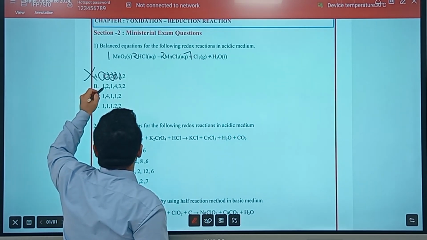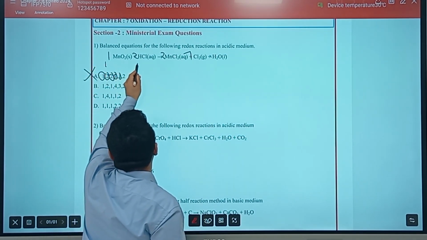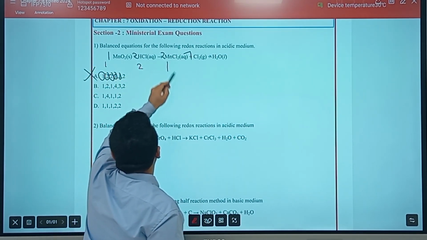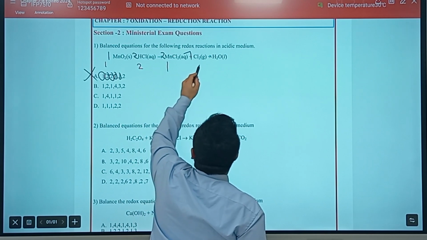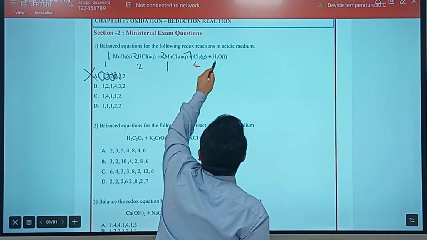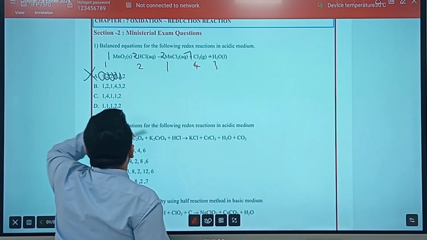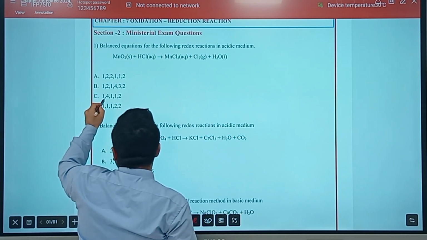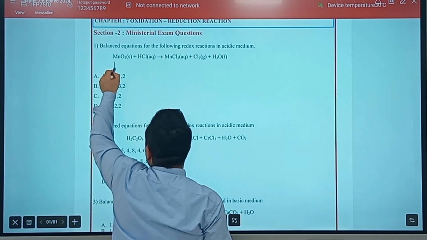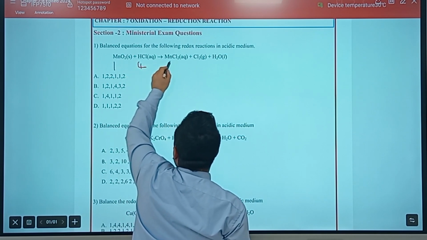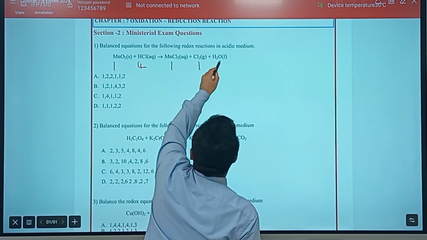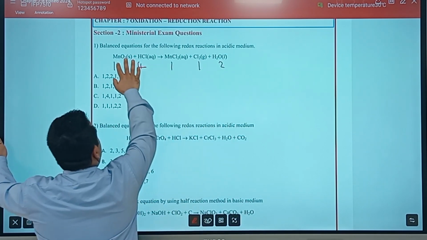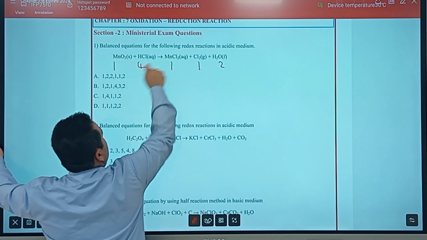Take the second possibility. 1, 2, 1, 4, 3, 2. It's not correct either. Let us take another possibility. The C, 1, 4, 1, 1, 2. How many Mn do we have? 1 Mn, 1 Mn.